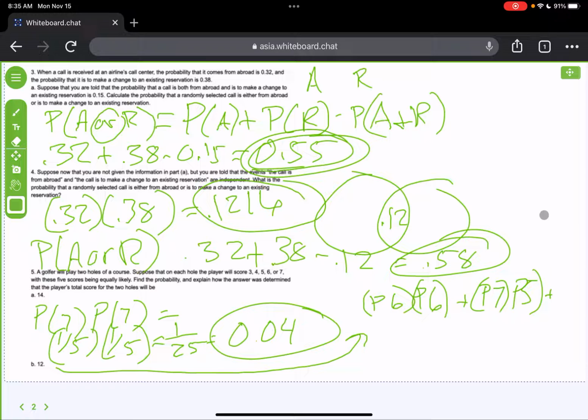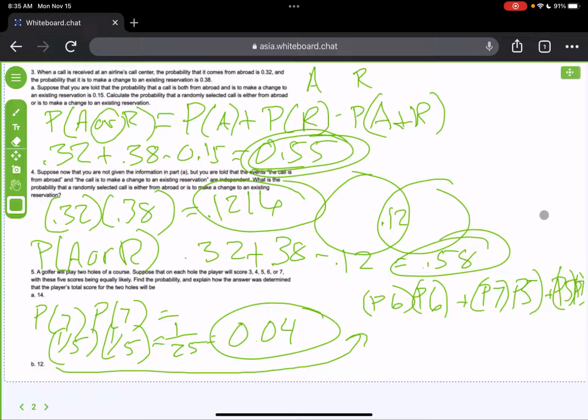If you got a 7 and a 5, could you also have gotten 5 on the first hole and 7 on the second hole? Yeah, I just reversed it. So we'd have the probability of a 5 times the probability of a 7, okay? Now, does it really matter if it's a 6 or a 5 or a 7?